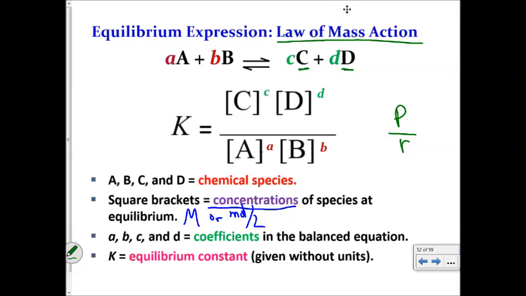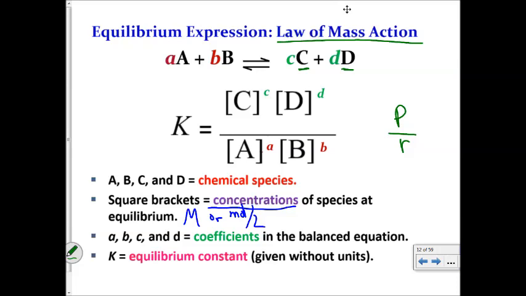Just depends, and the thing that alters the K values is temperature. So by changing the temperature, you end up changing your ratio of your products to your reactants. That's the only thing that can change that ratio. Everything else, if you disturb the equilibrium, they're just going to keep working back and forth until they get back to that original K constant value, which represents the ratio of the products to the reactants.